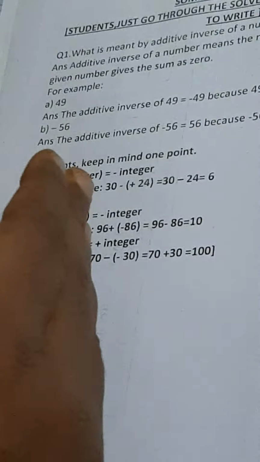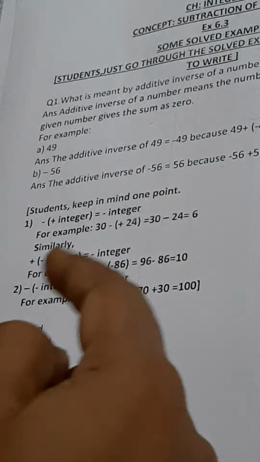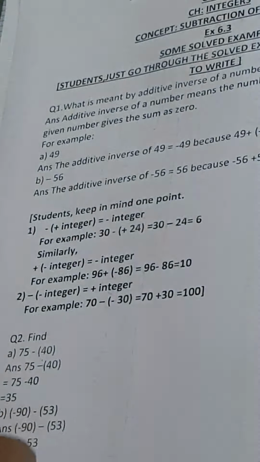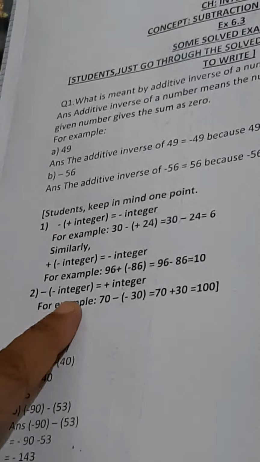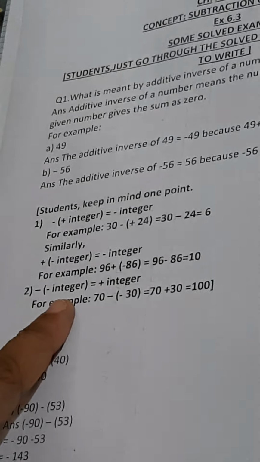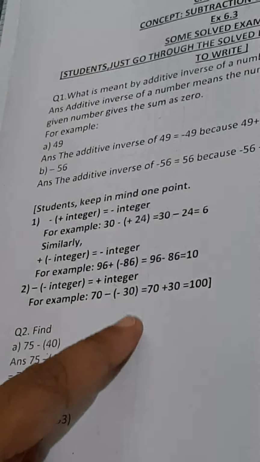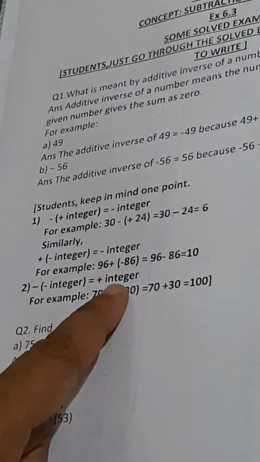Whether it is minus and in bracket if you have plus, the resulting integer will be negative, or if you have plus and in bracket if you have minus sign, the resulting integer will again be negative. But let us see, if I have minus and in bracket also it is minus, that means what do we see when I have minus of minus? Yes, we see that minus of minus is a positive integer.